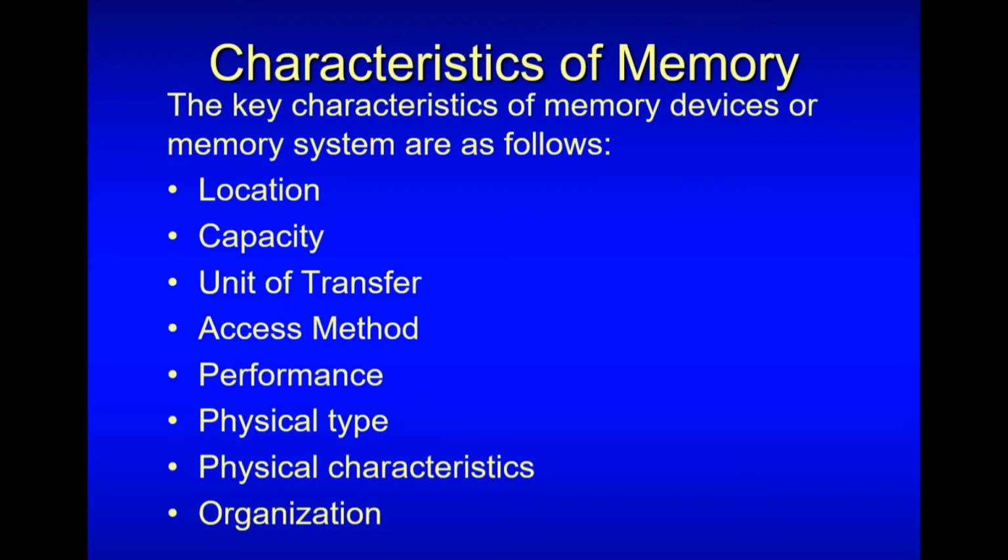The fourth most important characteristic of memory is access method. It is basically divided into two: random access and sequential access.